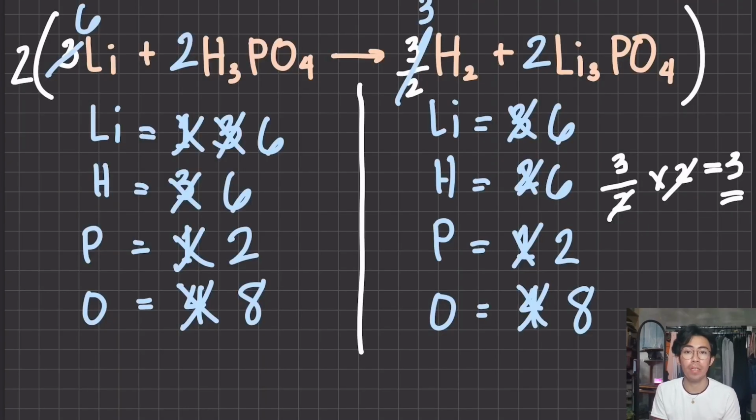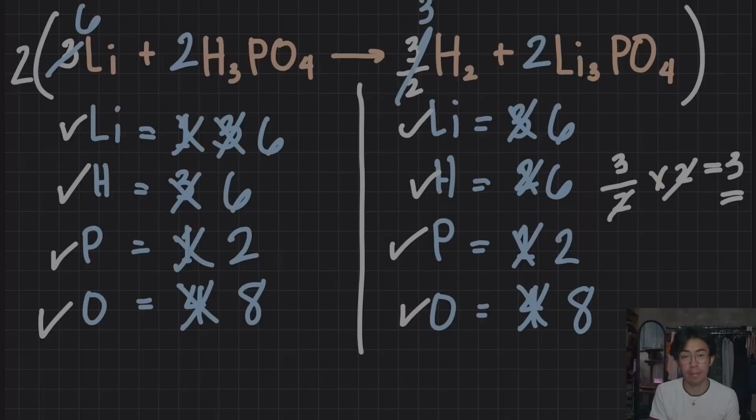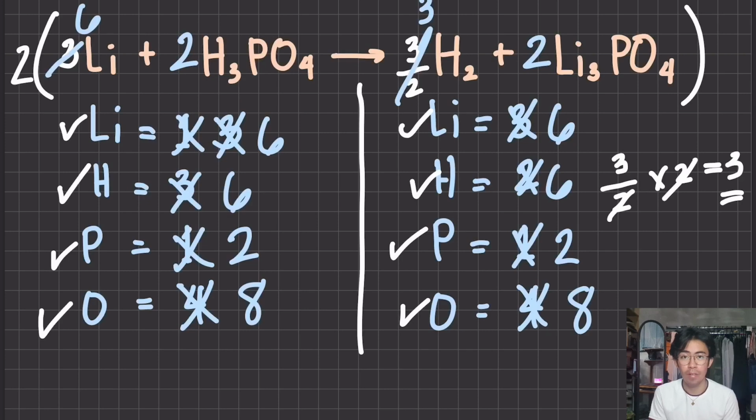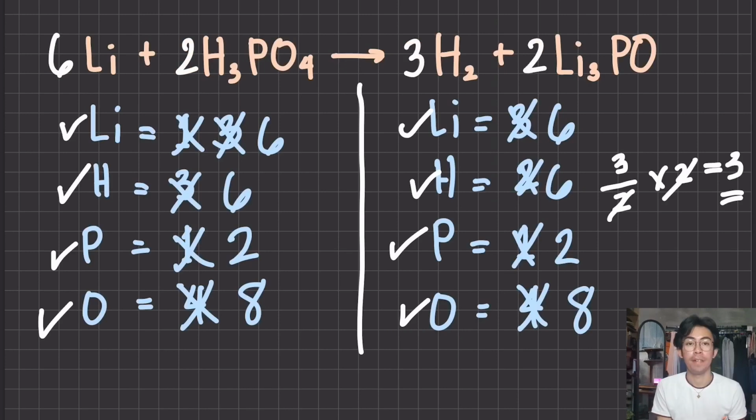Comparing each element on the reactant side and on the product side, lithium both 6, hydrogen both 6, phosphorus both 2, oxygen both 8. Let us just rewrite the coefficients to make a clearer balanced chemical equation. 6, 2, 3, 2. This is the balanced chemical equation.